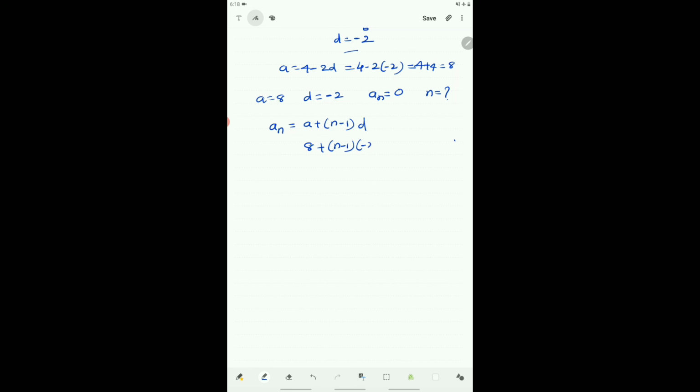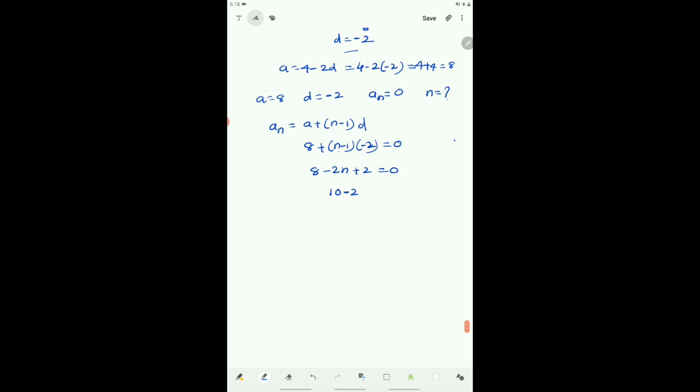D is -2 and An is 0. That is 8 plus n minus 1 into -2 is equals to 0. 8 plus n into -2 is -2n. Minus 1 into -2 is +2 is equals to 0.